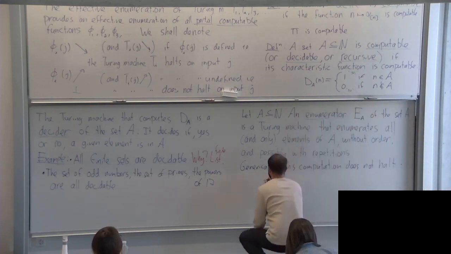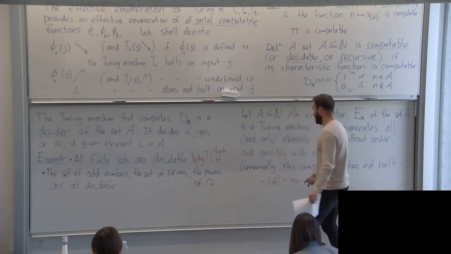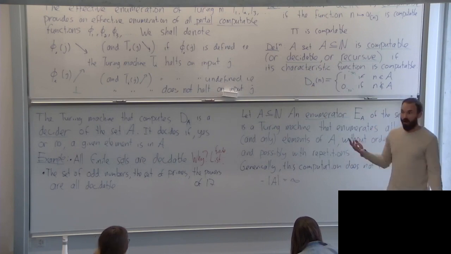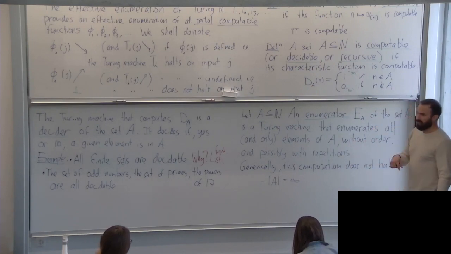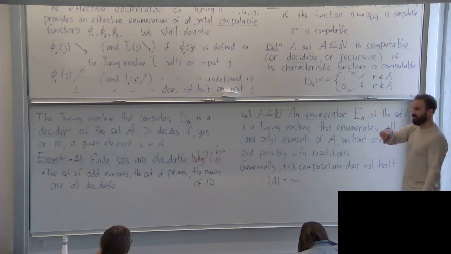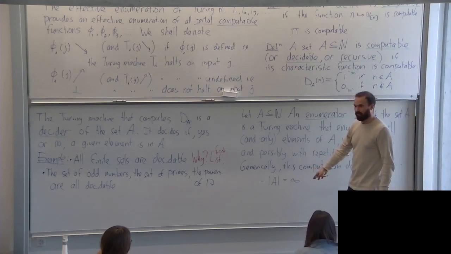Correct, because generically we could have that A is infinite, in which case forget it, it cannot halt. I have to enumerate all elements of A, so I'll start with one element of A, not in order, and then the Turing machine will output another element of A, and another one, and if it's infinite, then it can never stop.